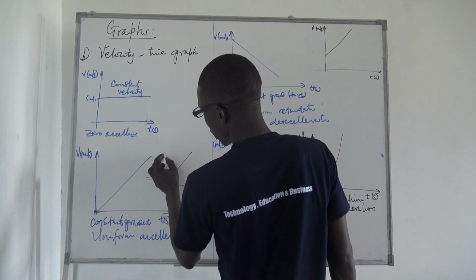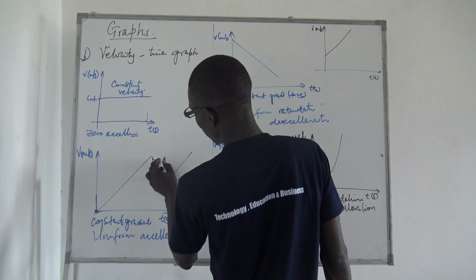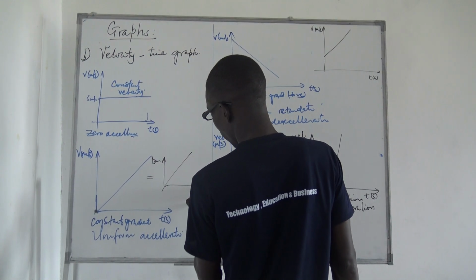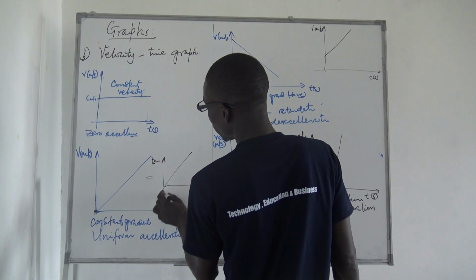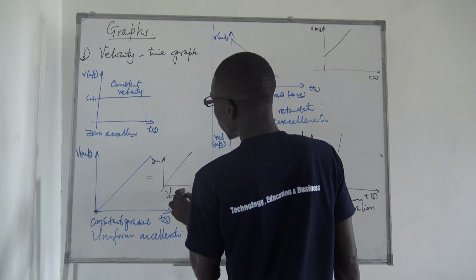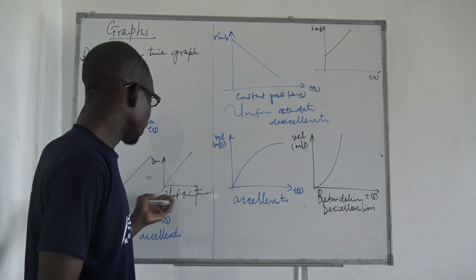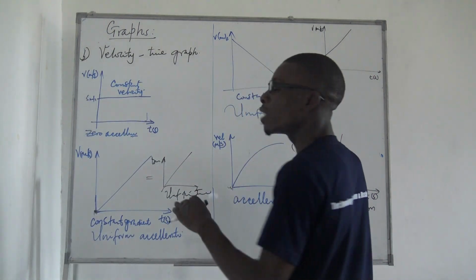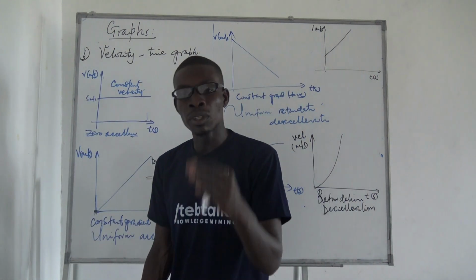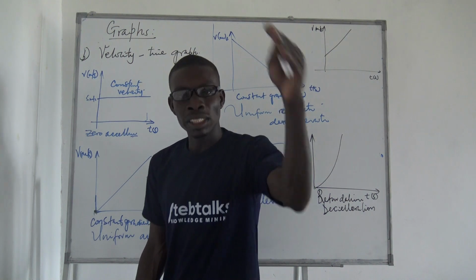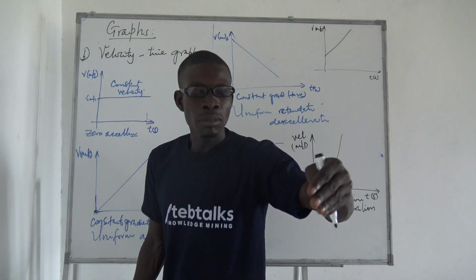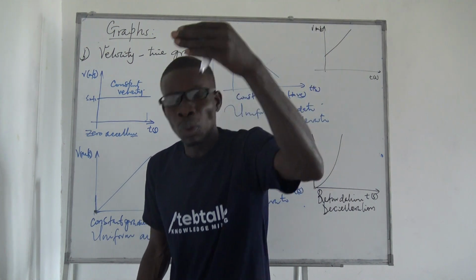If this is displacement and this is time, this is the uniformly increasing velocity, that in every given time you cover the same distance. The same time, same distance added. Another same time, maybe the time is the same by 2.